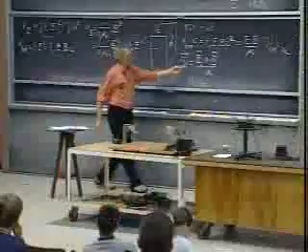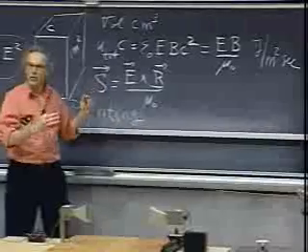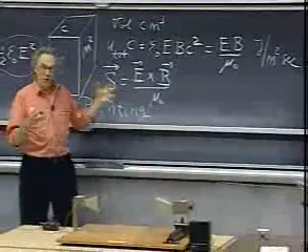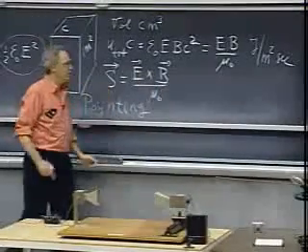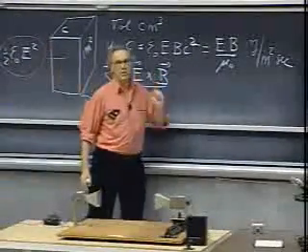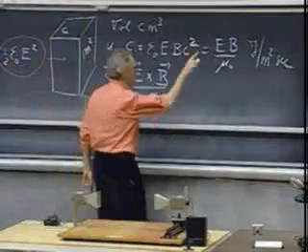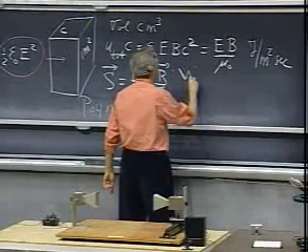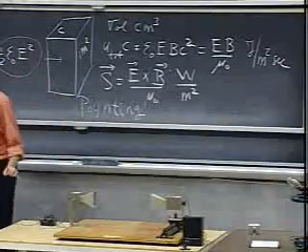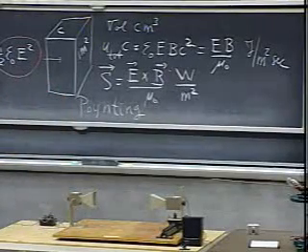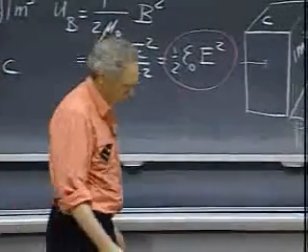The advantage of this notation is that S, which is the energy flux, goes in a certain direction. And the velocity of the wave is always in the direction of E cross B. So it also tells you then in which direction the radiation is flowing, whereas here you lack that information. And so this then, to remind you, is in these units, which is watts per square meter. How many joules per second through 1 square meter of a plane perpendicular to the direction of propagation?